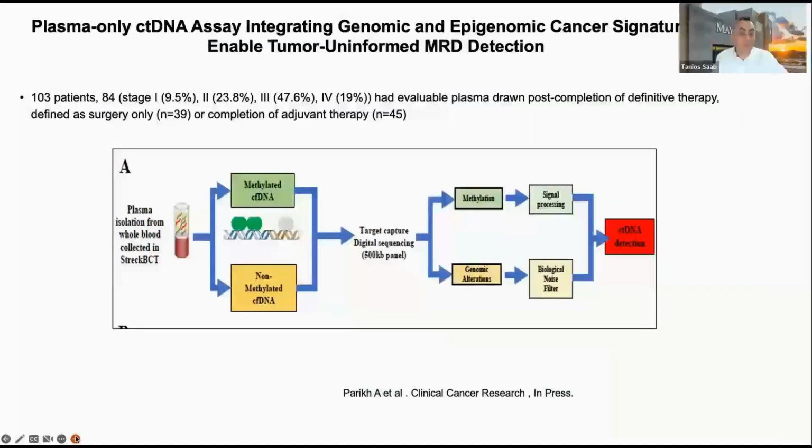Now, how about the plasma-only circulating tumor DNA? These are tumor-specific, tissue uninformed. So they're tumor-specific because you're going to pick up your 16 favorite methylated circulating free DNA and non-methylated circulating free DNA that correlate with the disease itself, and those essentially are looked at in blood, and the patients are followed up with these liquid biopsies.